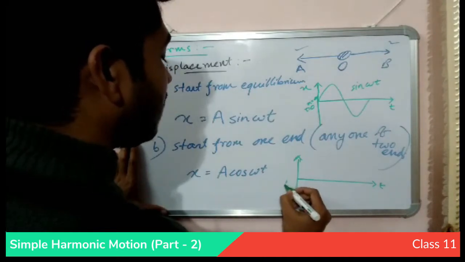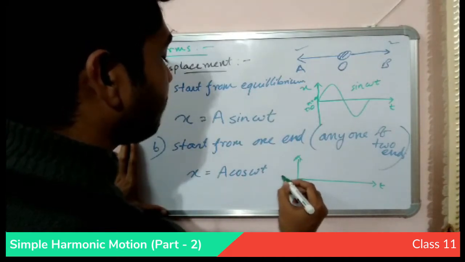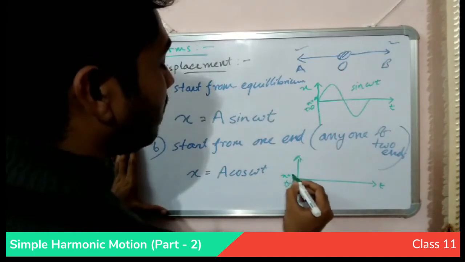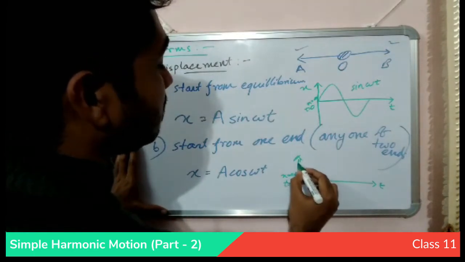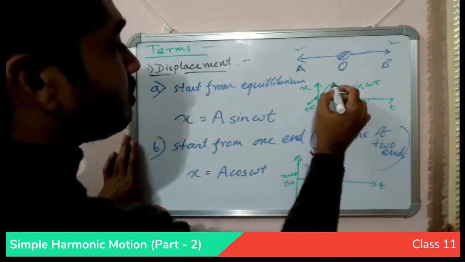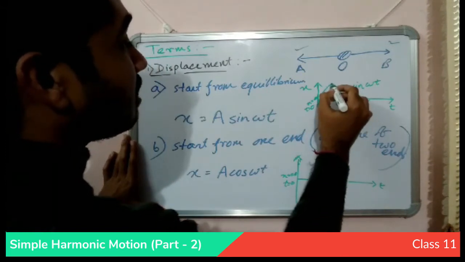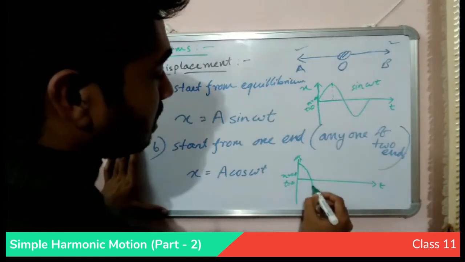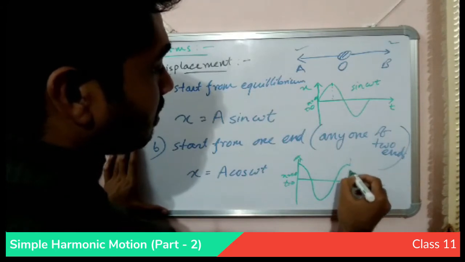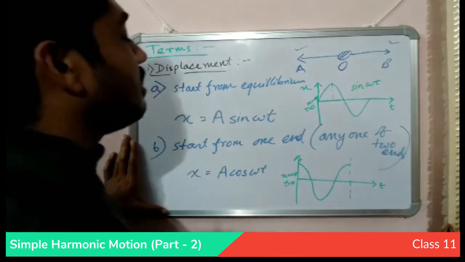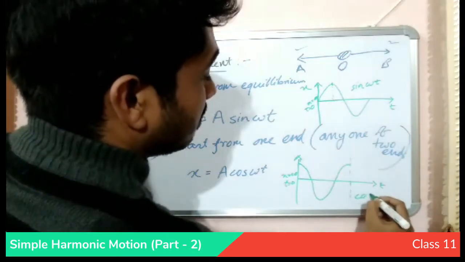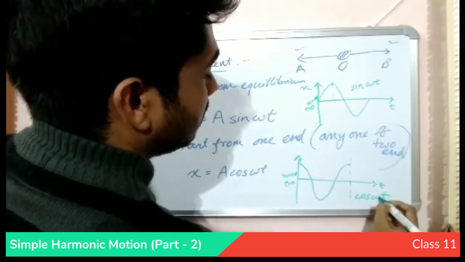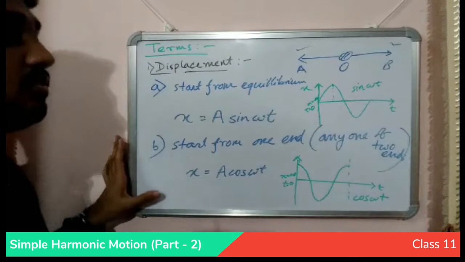And if at t is equal to 0, x is at the end, that is, at maximum displacement, if we start from here, it will be like this. Okay, so this is the cos omega t. This is the fundamental difference between these two.